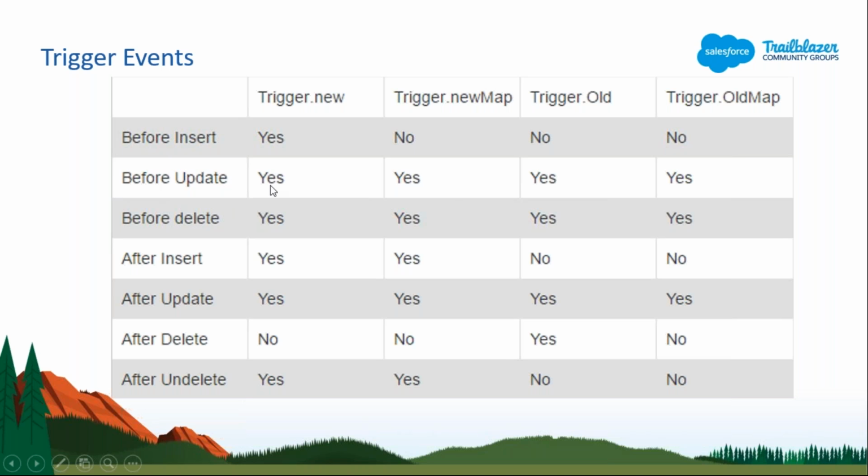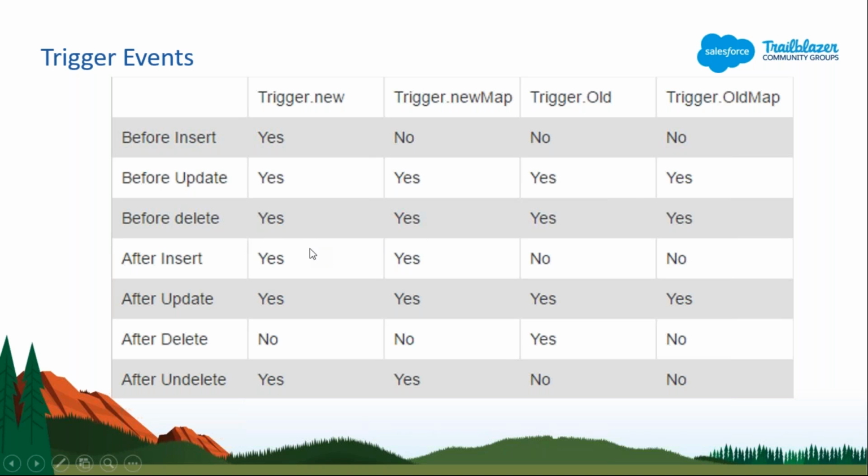We will have Trigger.newMap, because it has the ID of that record, since we are going to update already available data. And Trigger.old also has the old data, because we are updating. The old map is the same.